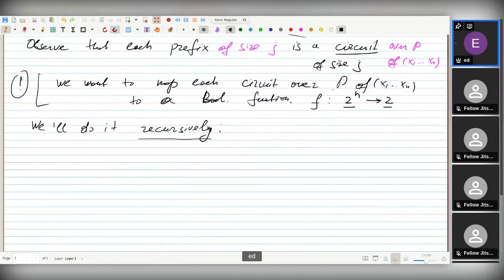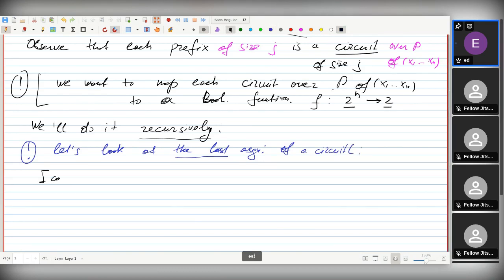So let us look at the last line, at the last assignment of a circuit C.